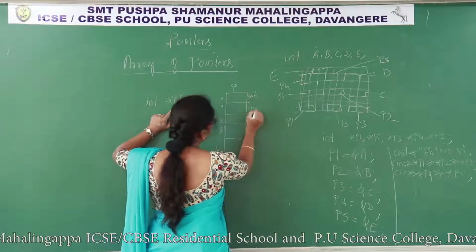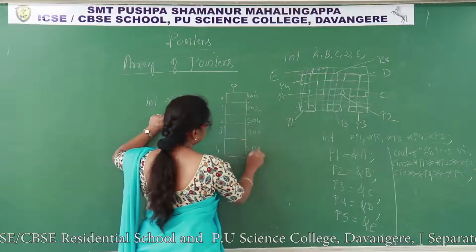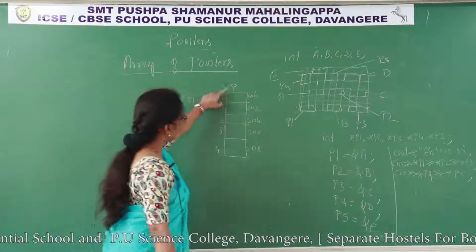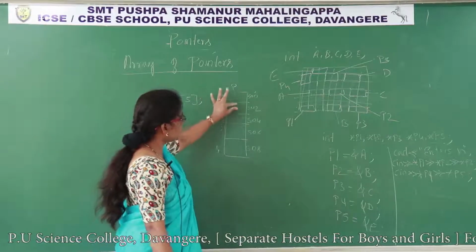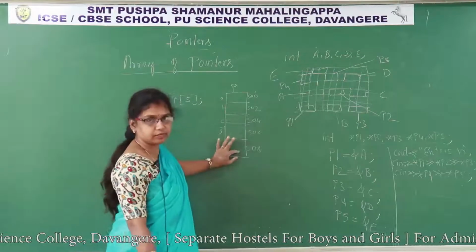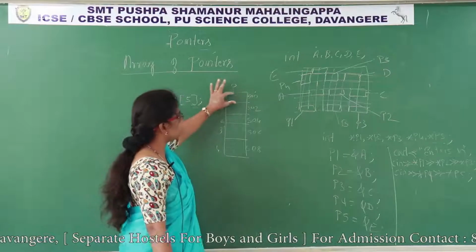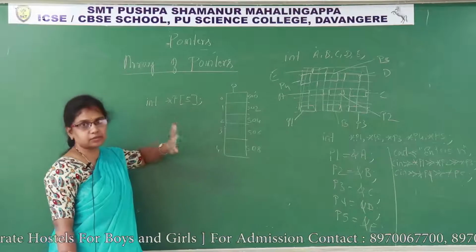This is assumption. 502, 504, 506, 508. Okay. See here. P of 0, P of 1, P of 2, P of 3, P of 4. These are all memory locations. And these memory locations have the feature to store memory address, another memory address.